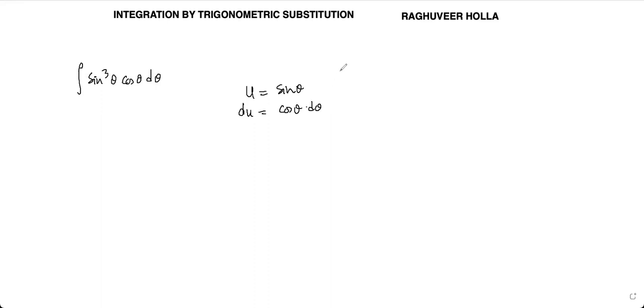Okay. So let us substitute it. So this will be u cube into du, which is u power 4 by 4 plus c, which is sine power 4 theta by 4 plus c.